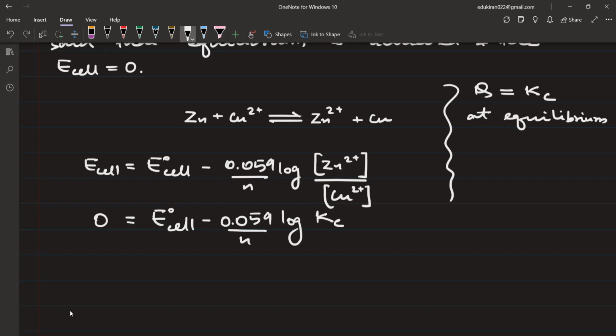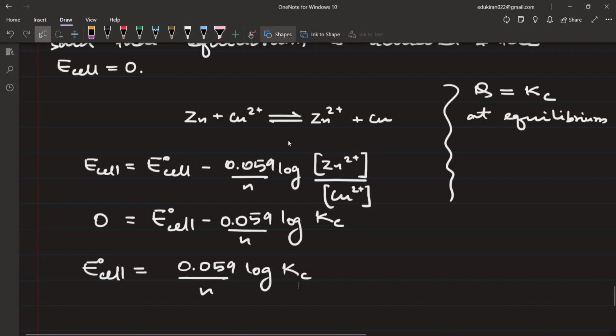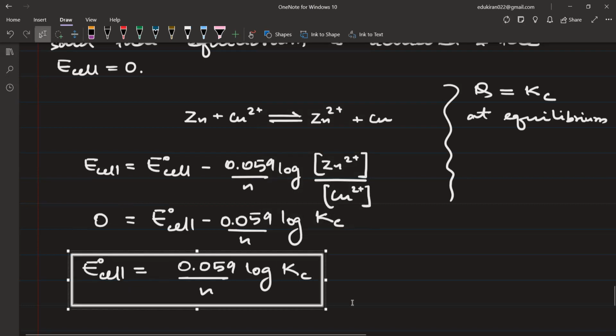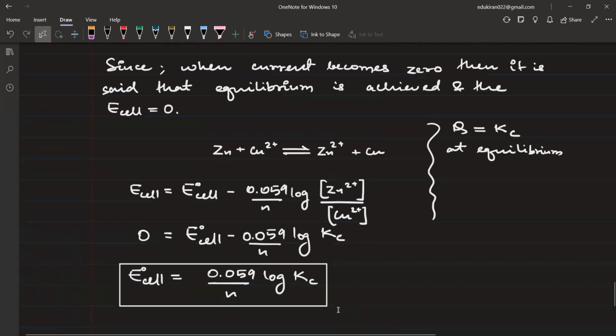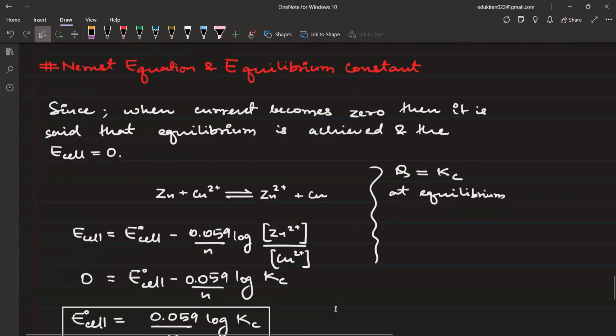E naught cell is equal to, this will go here and become positive, 0.059 upon n log of Kc. So this is the relationship between E naught of cell and the equilibrium constant. Please write this down: Nernst equation and equilibrium constant.